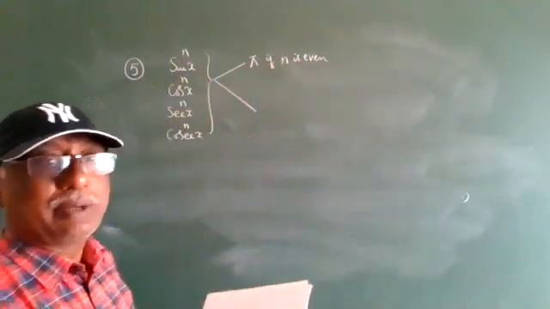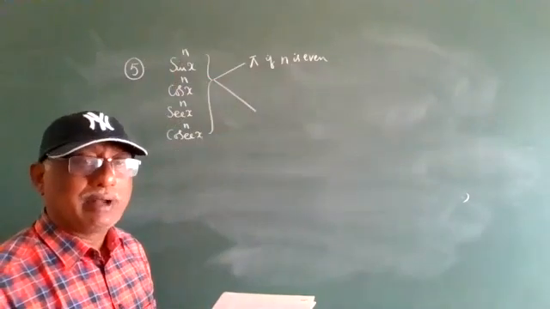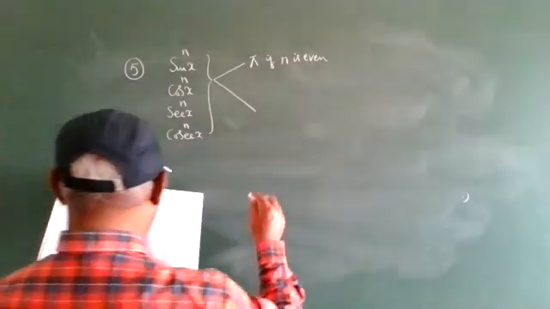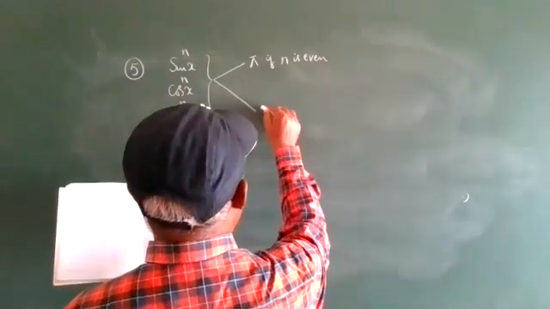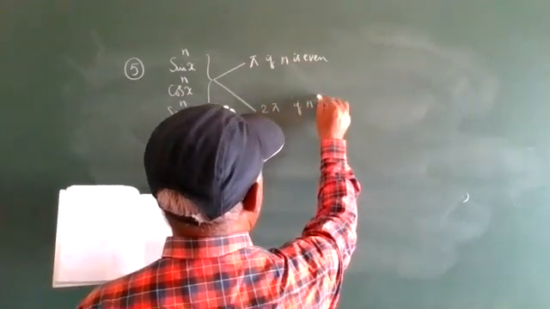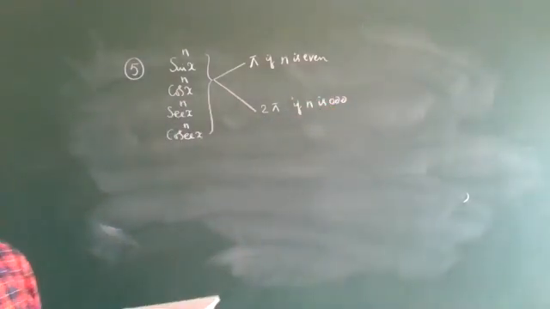Sin square x has period pi, cos square x has period pi, sin power 4 x has period pi. If n is odd, then the period is 2 pi.